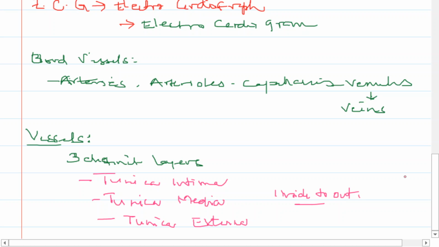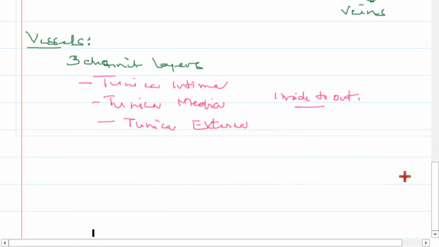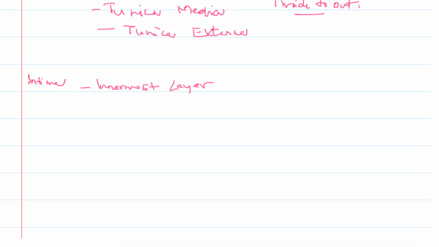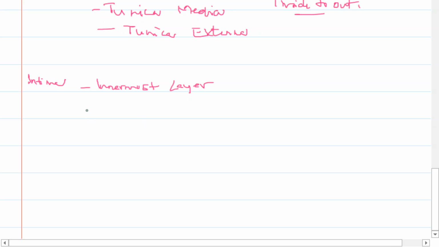Okay. So let's see what tunica intima is made up of. Tunica intima is the innermost layer, and it has endothelial lining.